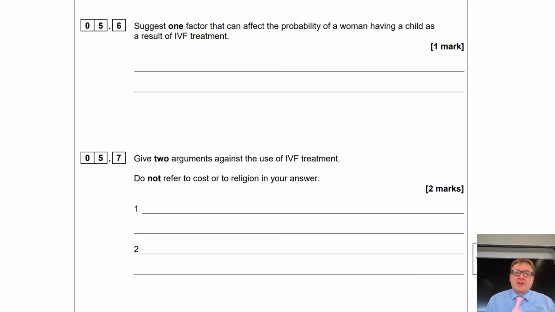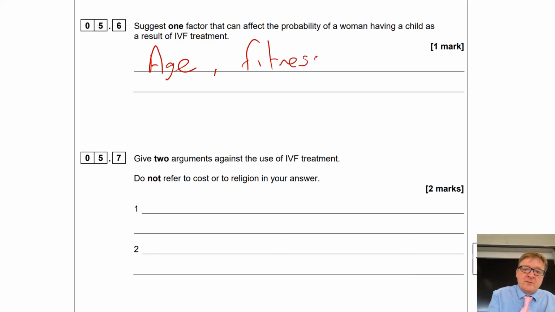Question 5.6. Suggest one factor that can affect the probability of a woman having a child as a result of IVF. So it's sort of looking at her chances. The older they are, the less chance it's going to work. The less fit they are, the less likely; the more fit, the more likely things are to happen. Obesity is also a factor.